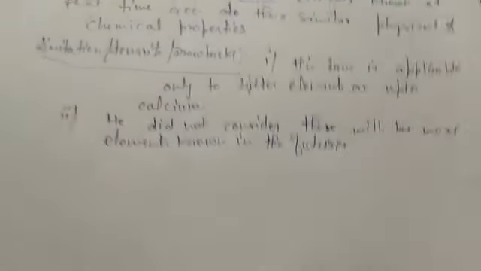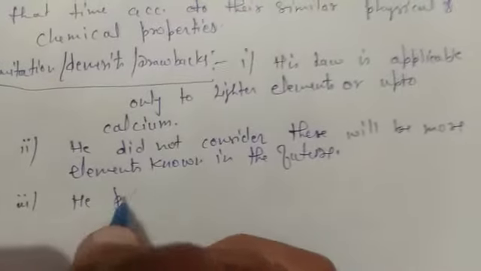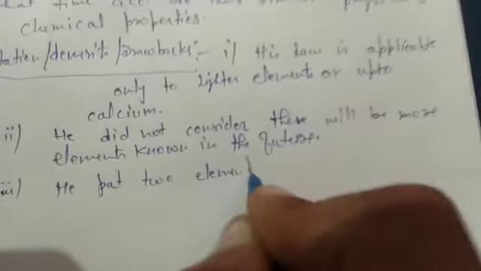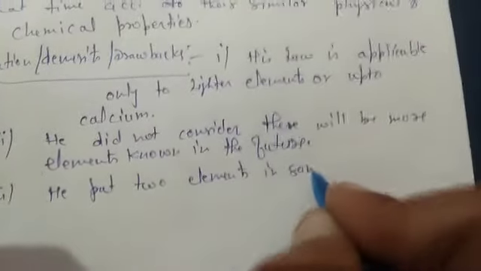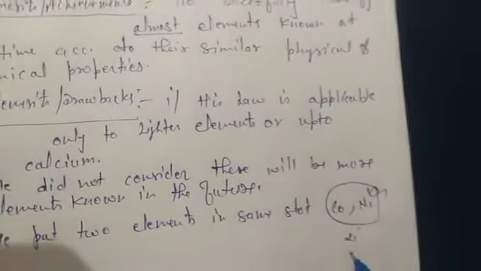That is another limitation. Third, you will tell he put two elements in the same slot, like cobalt and nickel, which he placed in the same one. He put them in the lithium sodium family, whose properties are clearly not matching with them. So that is another limitation.